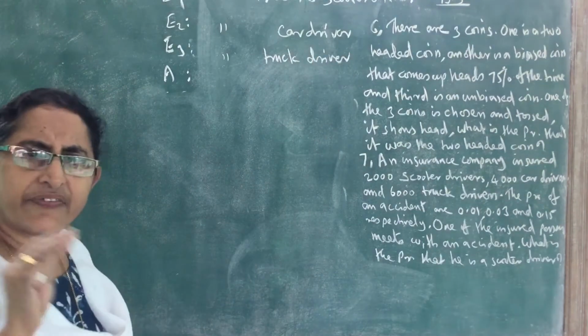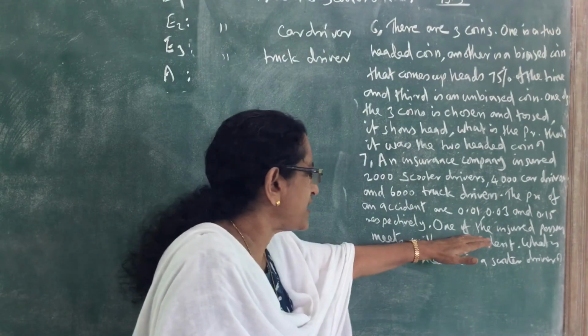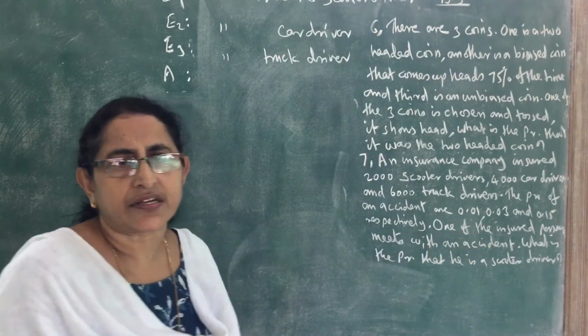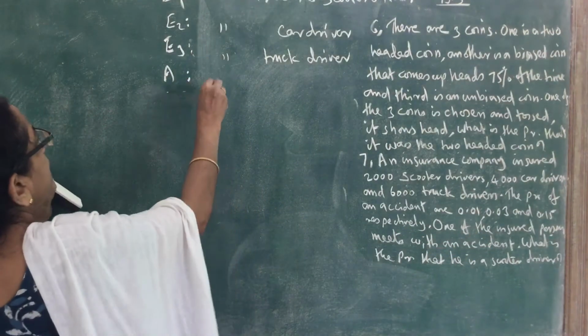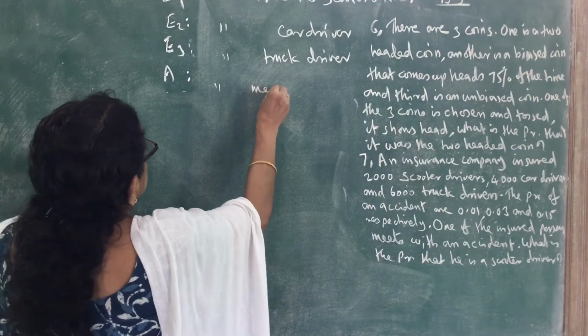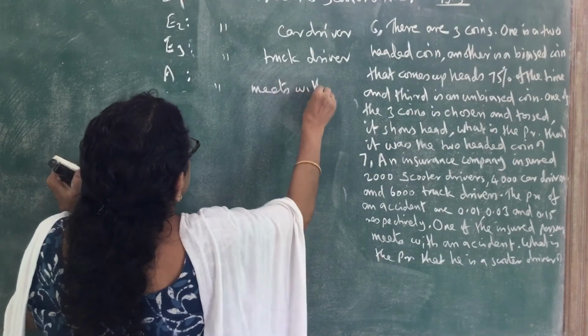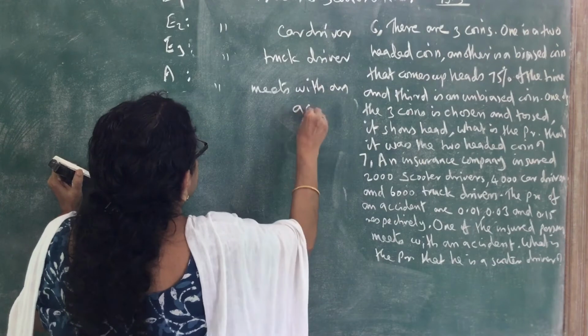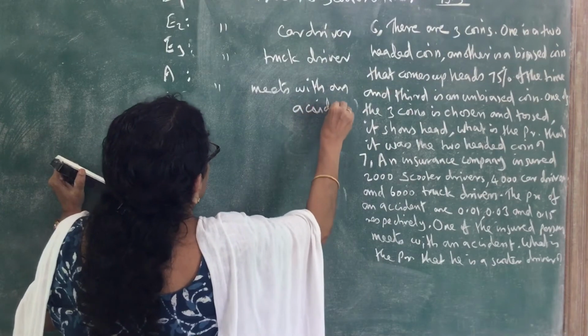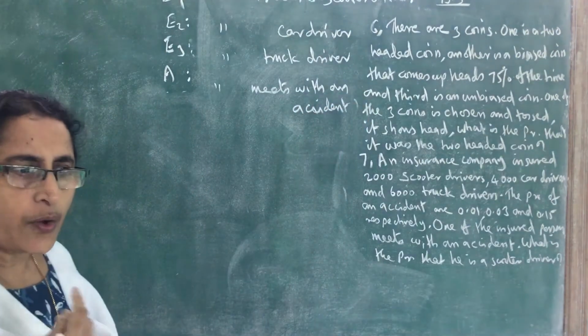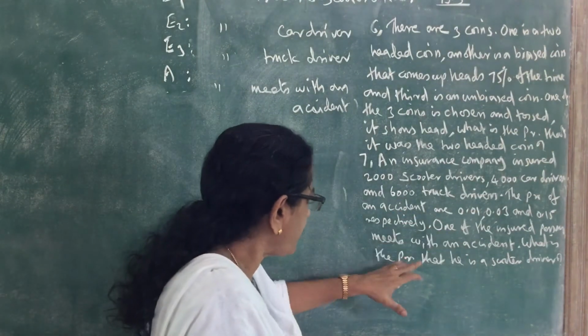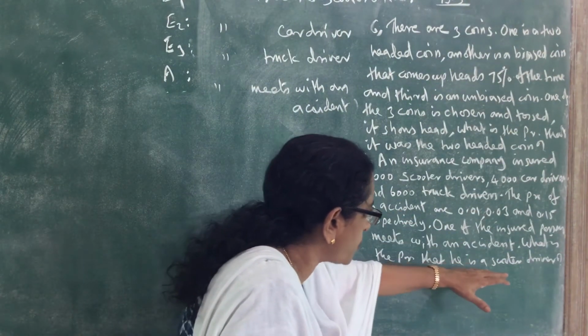Now A is the given event. What is given? One of the insured persons meets with an accident. Now what we have to find? We want to find the probability that he is a scooter driver.